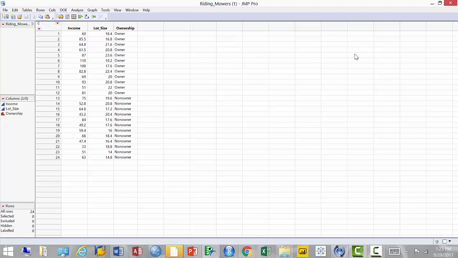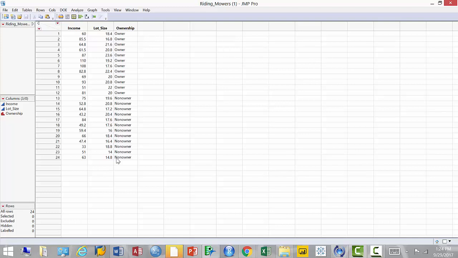Half of them, 12, are owners, so they bought the lawnmower, and another 12 are non-owners. So our target variable, can you guess? What's my target variable in this case? Ownership. I want to be able to predict who will potentially buy a lawnmower and who will likely not buy the lawnmower, and I'm doing that based on two things: my predictors are income and how large of a land they own.